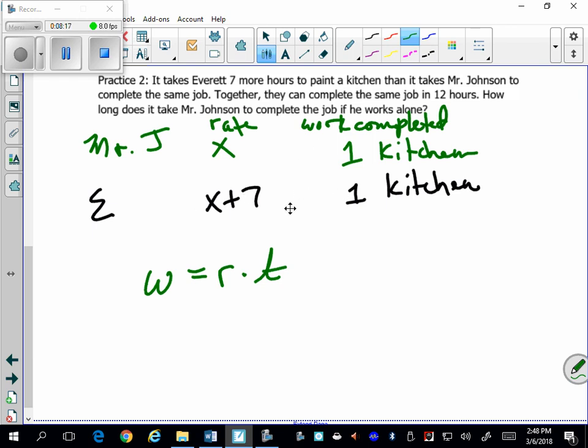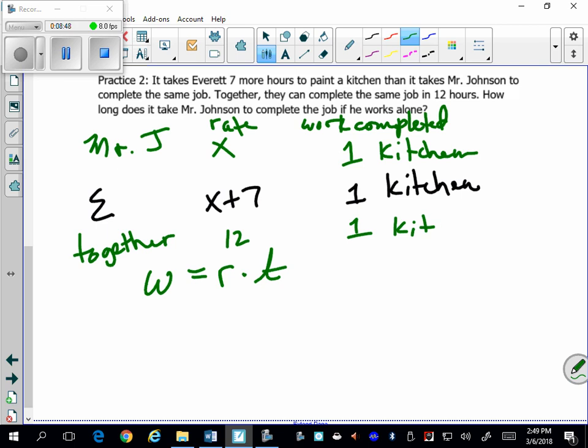But in the second part of the problem, it also says we can look ahead and we say together they complete the same job in 12 hours. So together, the time is going to be 12 hours, in 1 kitchen.